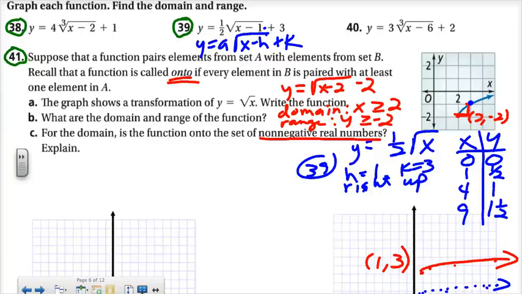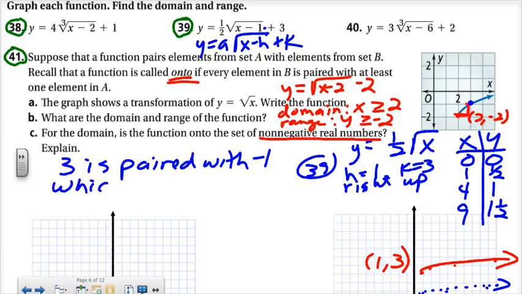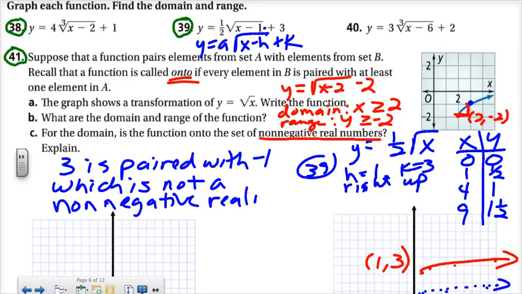So the number 3 is paired with -1, which is not a non-negative real number. And that's what we see there. And yeah, that's not the only one that you could pick, but it's kind of a nice grid point that you could pick for that one to explain it.